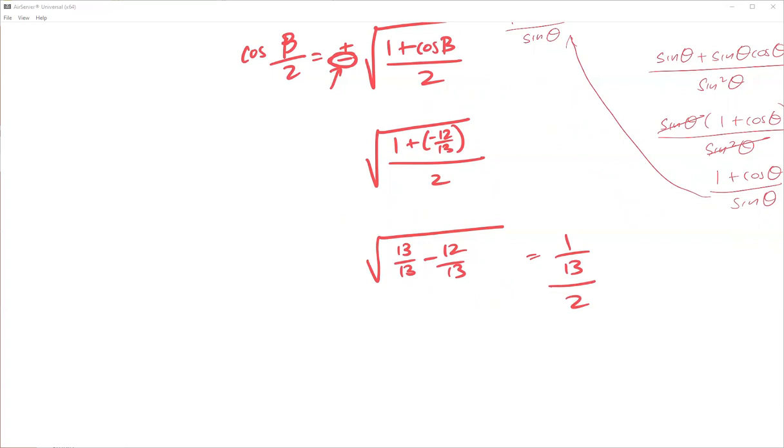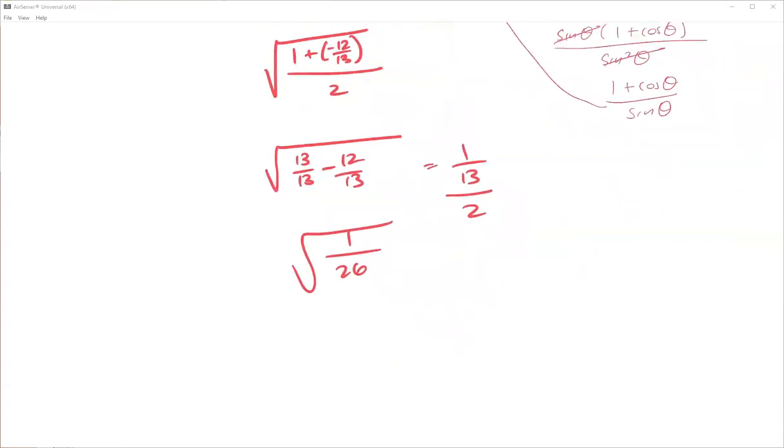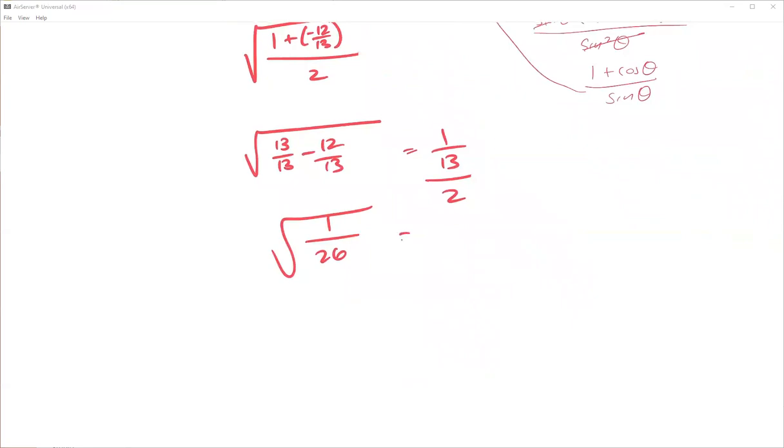So that equals 1 over 26, the square root of 1 over 26. So this is the square root of 1 over the square root of 26. You can't have a radical in the denominator, so it's 1 over radical 26, rationalize it. So it'd be radical 26 over 26.